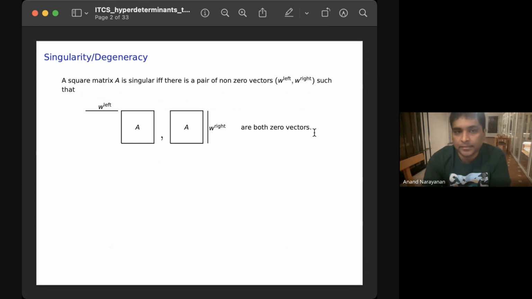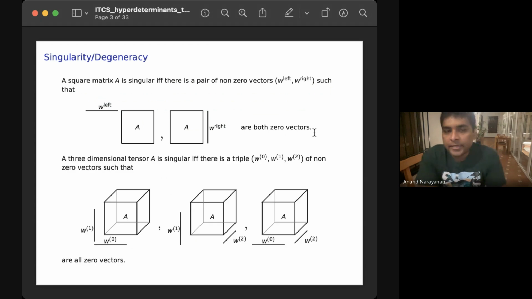that generalizes. So for three-dimensional tensors, we call them singular if there is a triple of non-zero vectors, such that if I multiply the tensor with all but one, so two of the vectors, then the resulting vector is the all-zero vector.